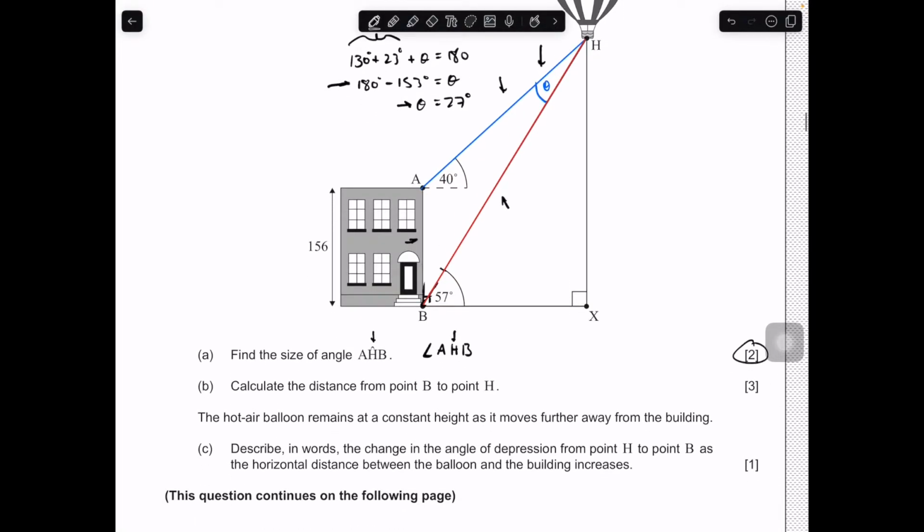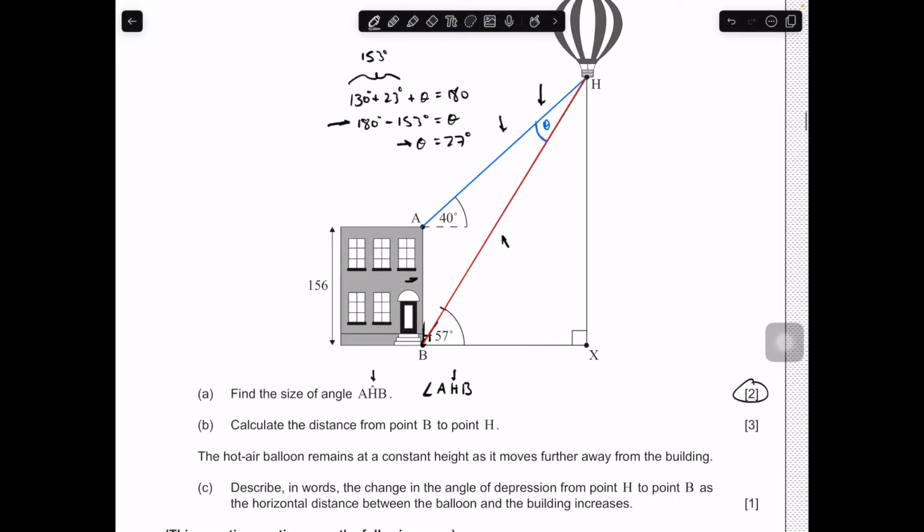Calculate the distance from point B to H. Sine law, remember in our formula booklet, is just going to be a over sine A equals b over sine B, where this is the side length and this is our angle, of course.